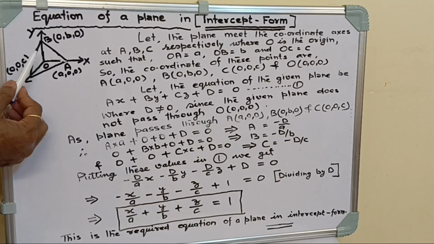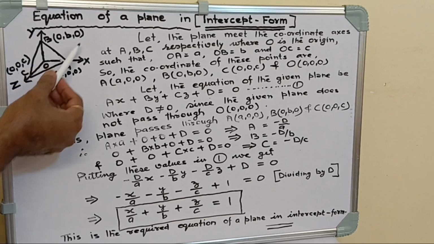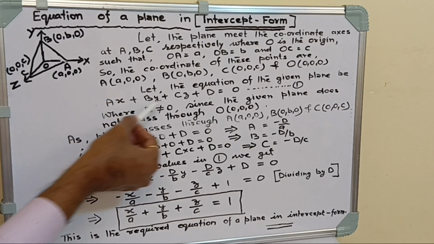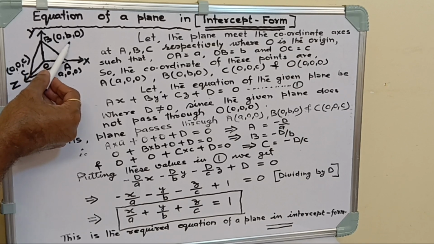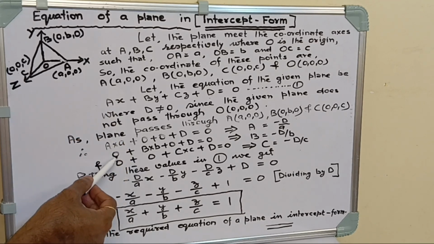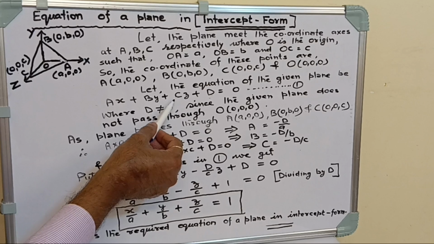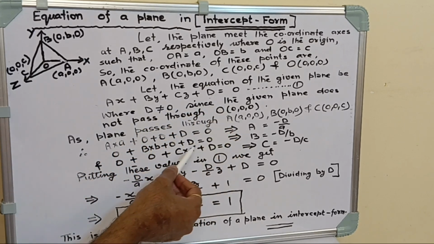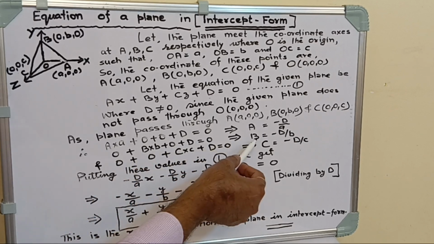Similarly, the plane passes through point B, whose coordinate is (0, b, 0). So it satisfies the equation of this plane. Putting x is equal to 0, y is equal to b, and z is equal to 0, we get a into 0 plus b into b plus c into 0 plus d is equal to 0. Therefore, b is equal to minus d by b.